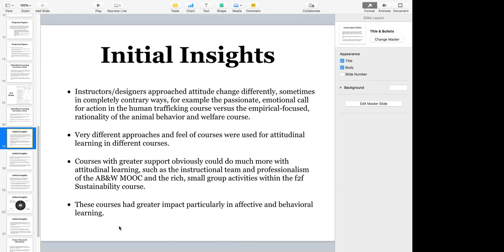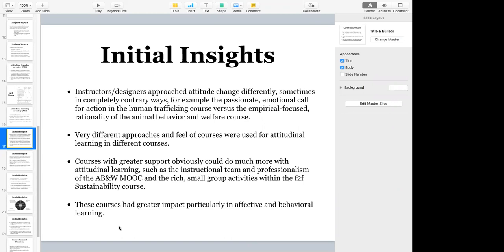The courses with greater support obviously could do much more with attitudinal learning, such as having an instructional team to facilitate the more in-depth discussions, and having professional people give professional feedback in animal behavior and welfare, and the very rich small group activities that happen within the face-to-face sustainability course in undergrad courses or game-based sustainability learning in middle school in India.